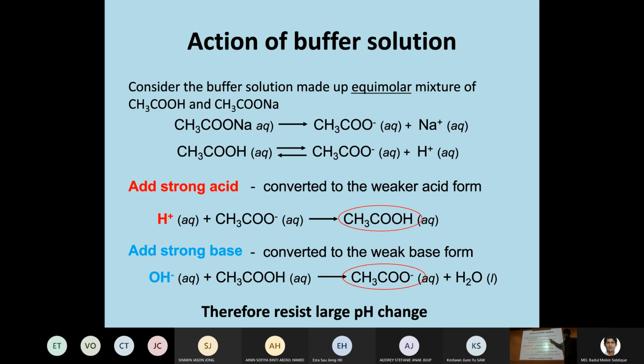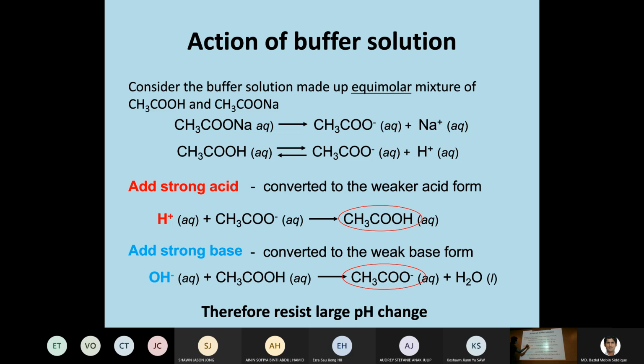The salt dissociation happening here is not affected by the buffer action. It is only a supporting thing for producing the buffer. You see, we add hydrogen, that means it is getting the acid from here. More hydrogen means the reaction is going backward.